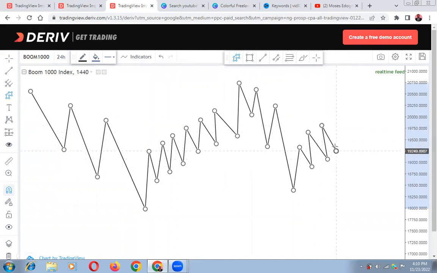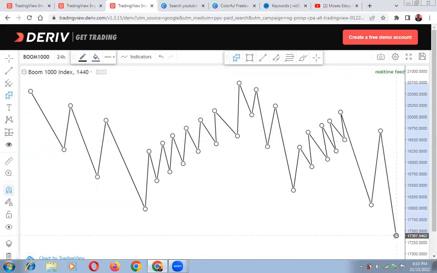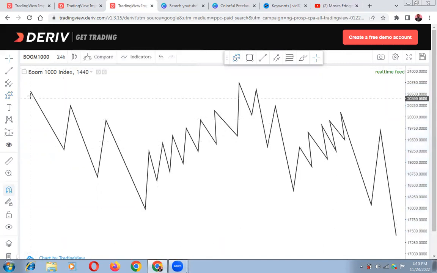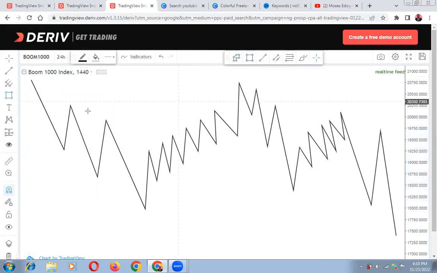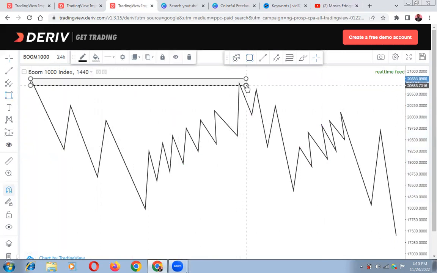On lower time frame, on smaller time frame, these are what you're going to find. Price comes, gives us like this, like this, and then like this. So this is a typical example of what you're going to find in the market. It might not be picture perfect, but it's going to be something like this. You have this, and then price came and broke this structure.